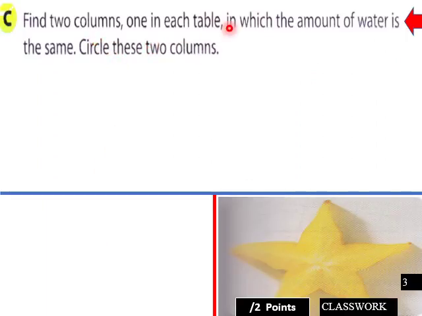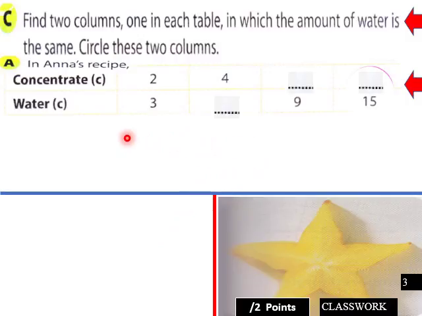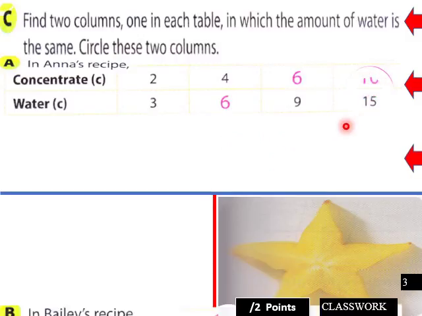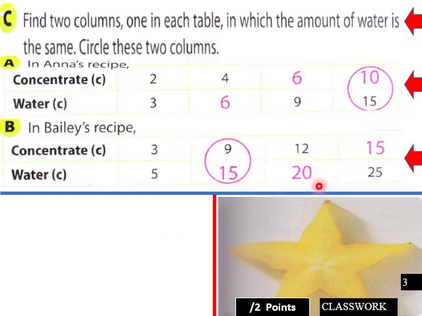Find 2 columns, one in each table, in which the amount of water is the same. Circle these columns in Anna's recipe: 4 to 6, 6 to 9, and 10 to 15. In Bailey's, 9 to 15, 12 to 20, and 15 to 25. So this would be 10 to 15 here, and 9 to 15 here. These have the same amounts of water.